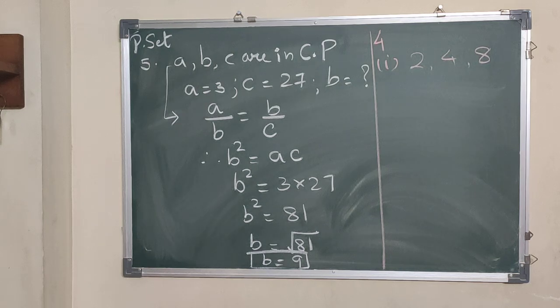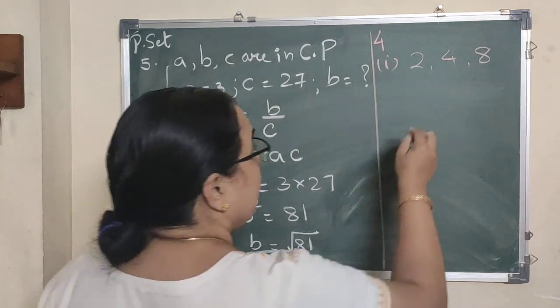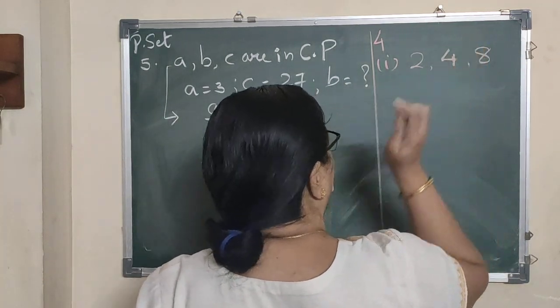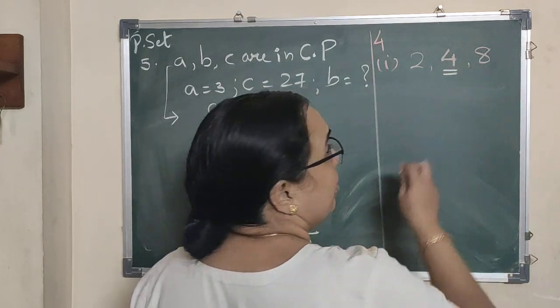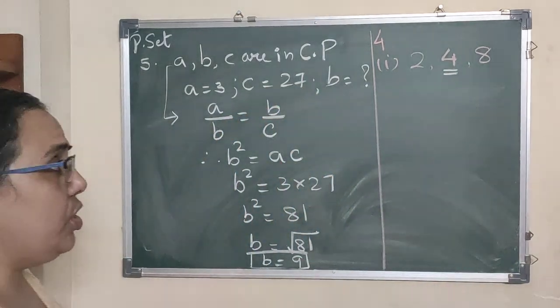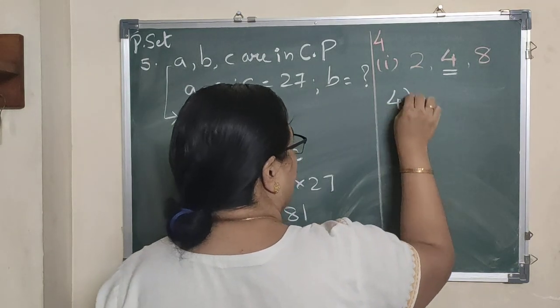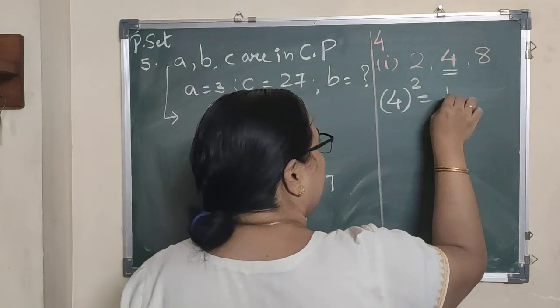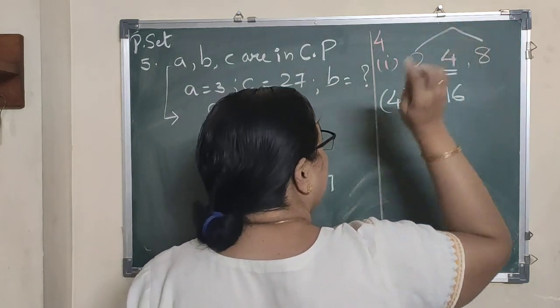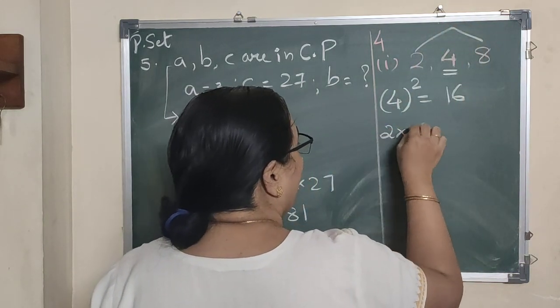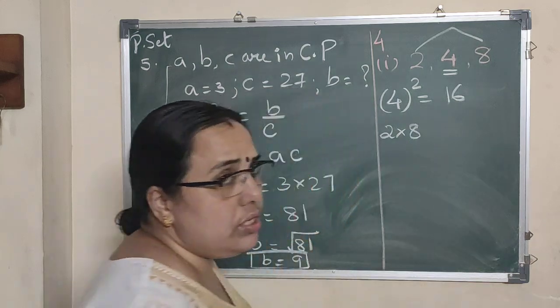How do we show that? We first take the number and try to see which is the mean proportional here if these numbers are in continued proportion. 4, right? So we check what is 4 square. 4 square is 16, right? And then we take the product of the other 2 terms.